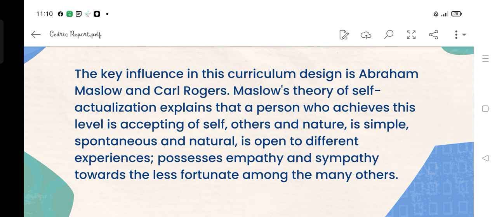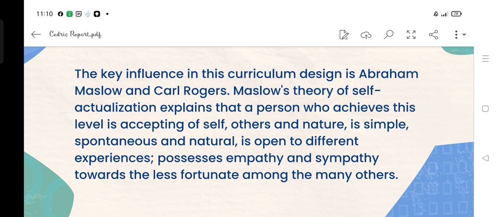So, humanistic curriculum design. The development of self is the ultimate objective of learning. Kumbaga, dito sa humanistic design, nakafocus tayo sa development of self.